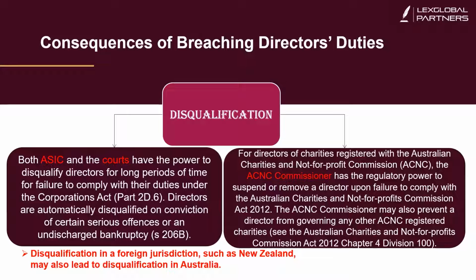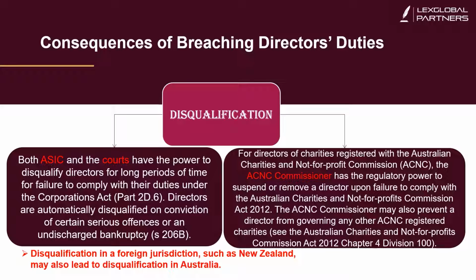So for directors of charities registered with the Australian Charities and Not-for-Profit Commission, the charities are managed not by ASIC or the Corps Act, but by the ACNC, which is the Australian Charities and Not-for-Profit Commission. The ACNC commissioner is the regulatory body for charitable organizations, and they have the power to suspend or remove a director upon failure to comply with the Australian Charities and Not-for-Profit Commission Act 2012.